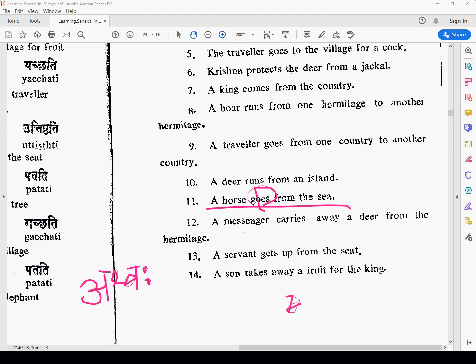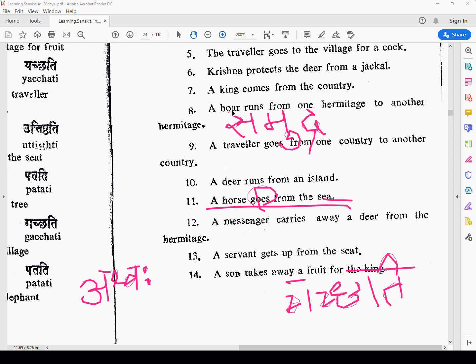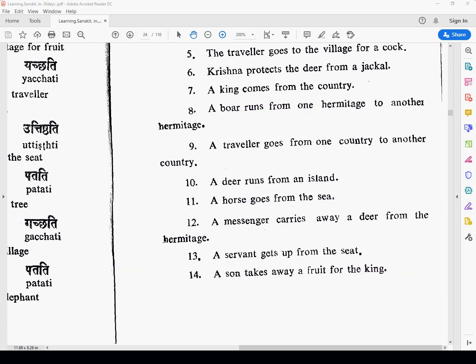Gacchati. Now we want to add from the sea. The word for sea is Samudraha. Samudrat, like Rama shabda. Ashvaha samudrat gacchati. Horse goes from the sea.